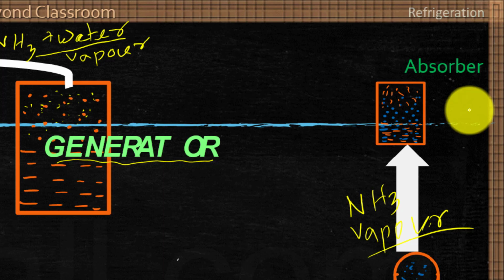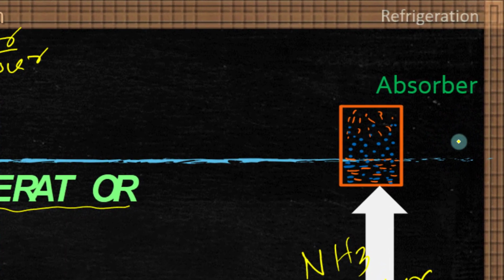The absorber is basically what? It sprinkles the water from the top, and the ammonia vapor will go from the bottom. Because of the high affinity of water towards ammonia, the water will absorb the ammonia. And remember, at the same time, some heat is released due to this chemical reaction.